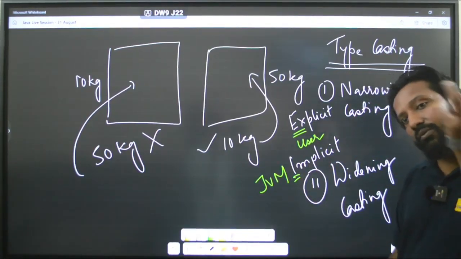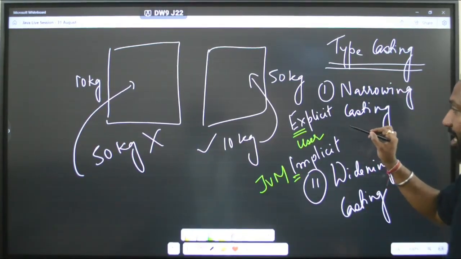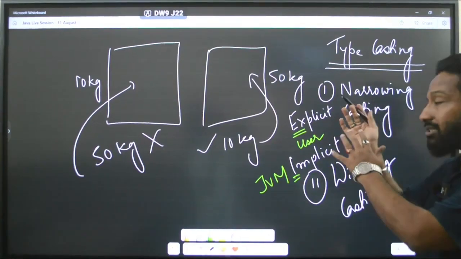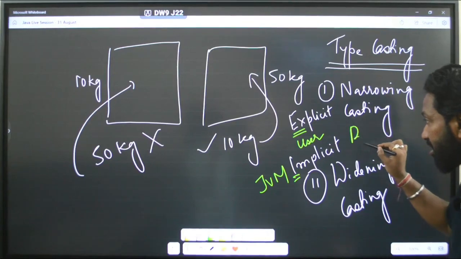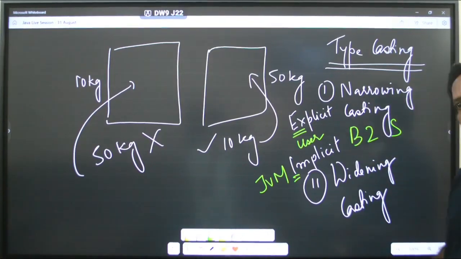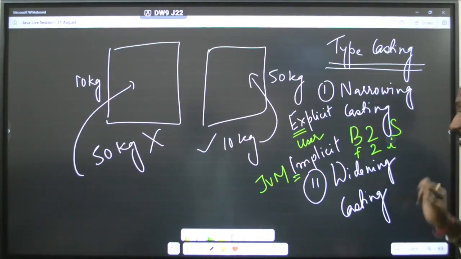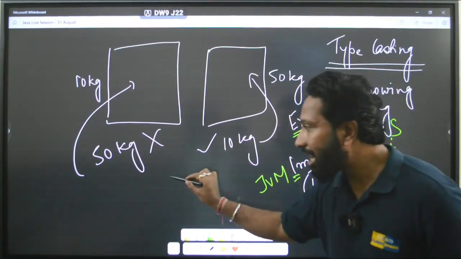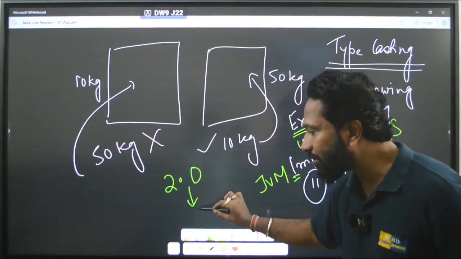Okay. So now let's make it easier for you to understand. In explicit casting, narrow means from a bigger data type to a smaller data type. So I will say bigger to smaller, say from float to int. Say I have 2.0, I am converting that to int, it will be 2.